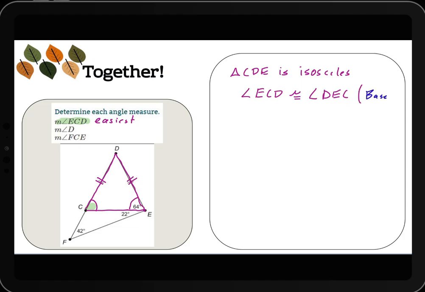So, the base angles are congruent in an isosceles triangle. That's a property of an isosceles triangle that we've talked about in the past. So what does that tell us? Well, the measure of angle ECD is going to then equal 64 degrees, and that is a value that is provided on our triangle image there.